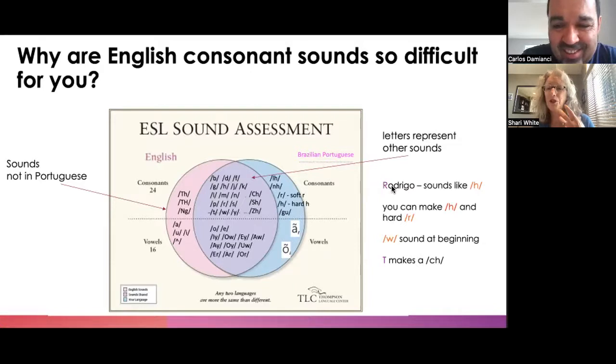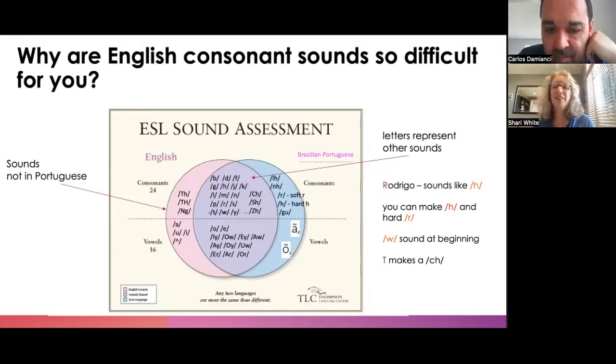So it's like a loose R. I've heard some say Rodrigo, but it's very similar to an H sound, right? That's the problem when it's at the beginning, because you see this R and you make the h, and then we don't understand you. But it means that you can make an h sound, and you can also make a hard r sound. Those sounds are easy for you to produce, but you just produce them at the wrong time.